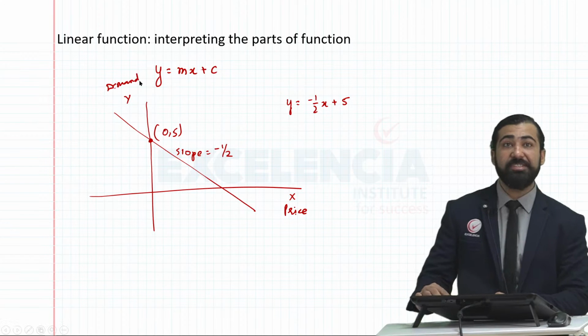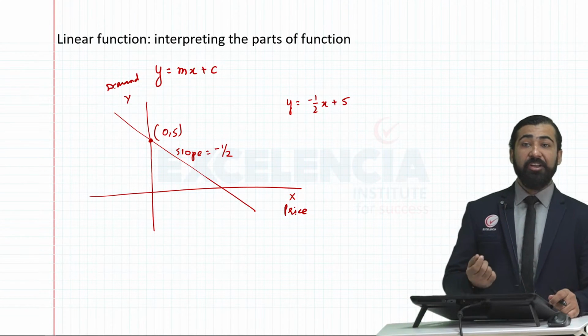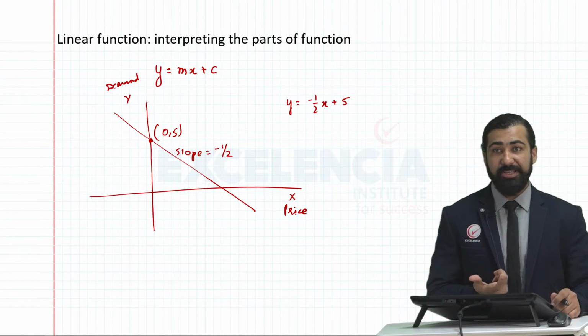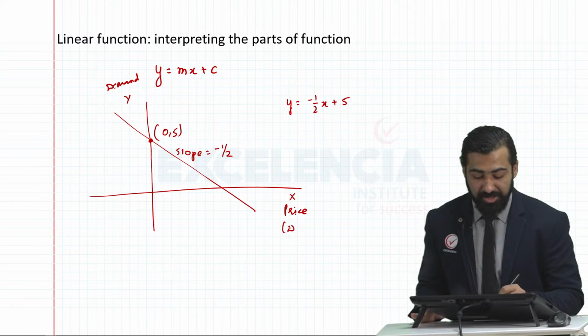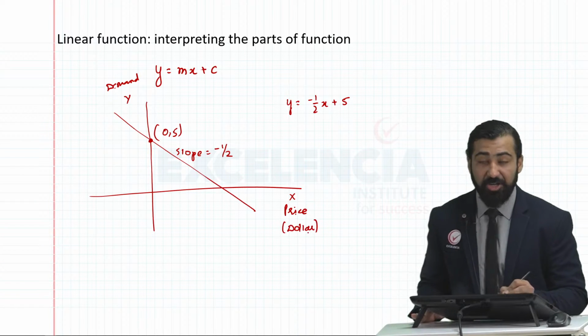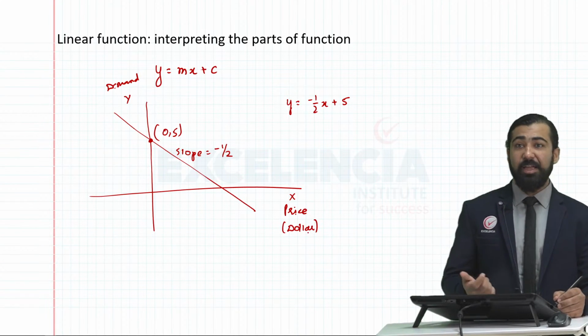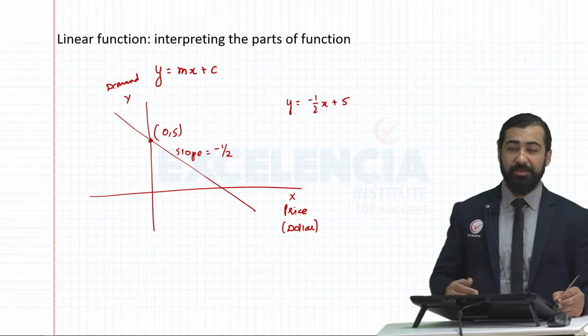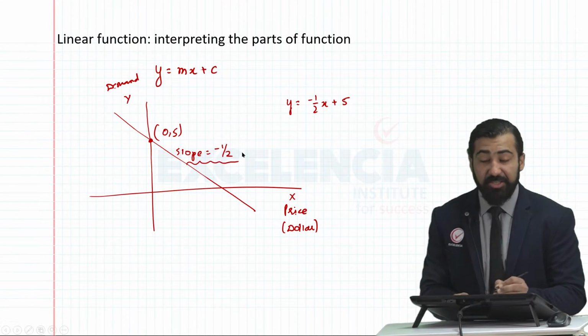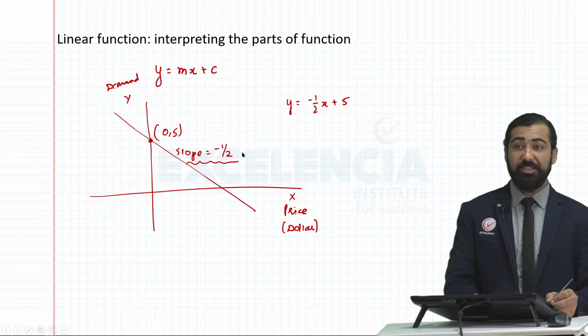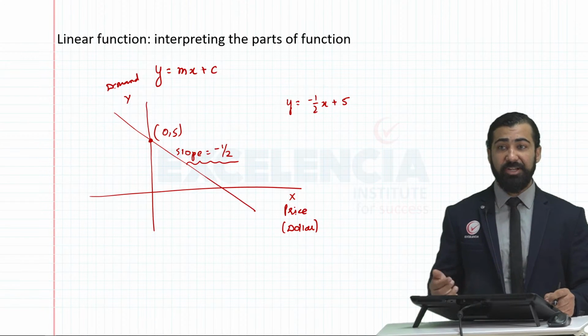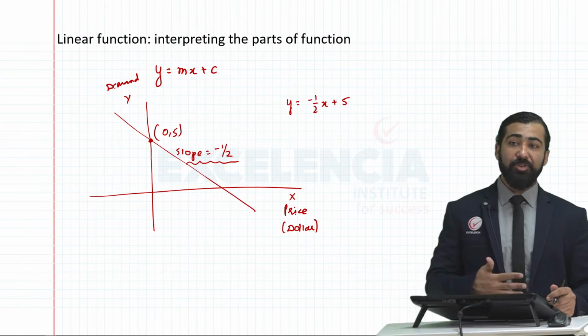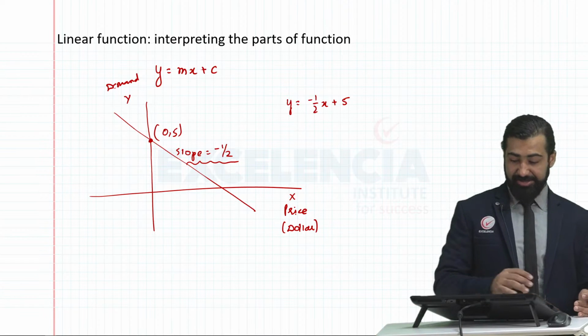So what this graph is telling us is, for every unit increase in price, suppose my price is in dollars, so for every dollar increase in price, my demand is decreasing by half a unit. That's what the slope tells us. Whatever the slope is, it shows the increase or decrease of y per unit increase or decrease of x.